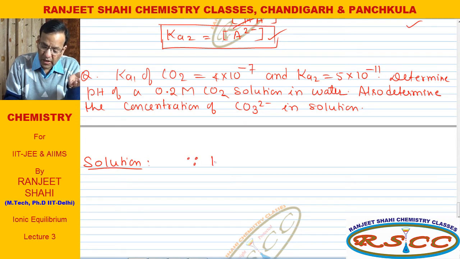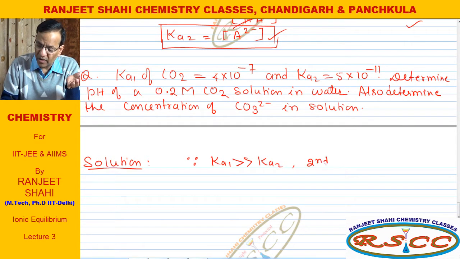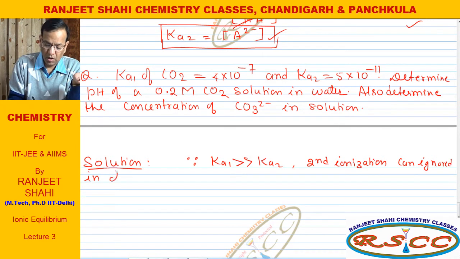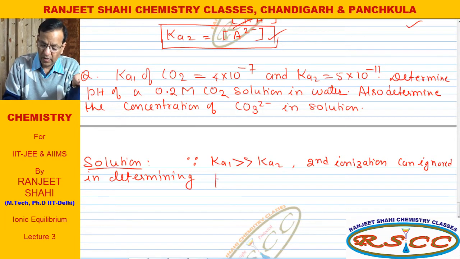Since K1 is much greater than Ka2, second ionization can be ignored in determining pH of solution.